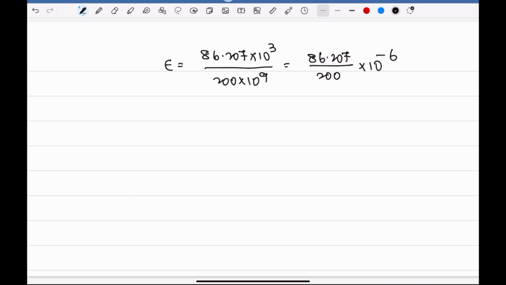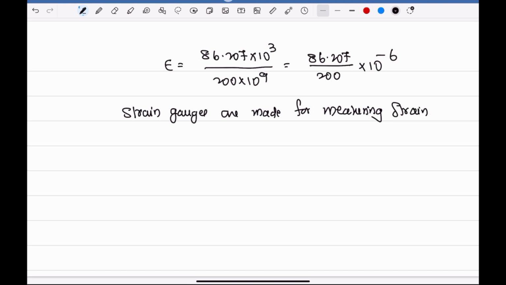10 to the power of minus 6 we can write in micro units. That is micro strain. Usually strain gauges are made for measuring strain in micro strains, in multiples of 10 to the power of minus 6.